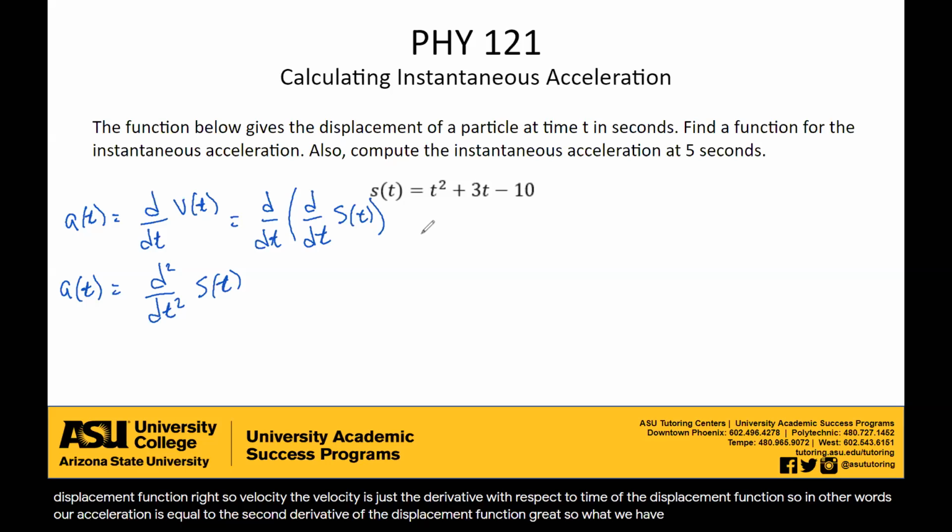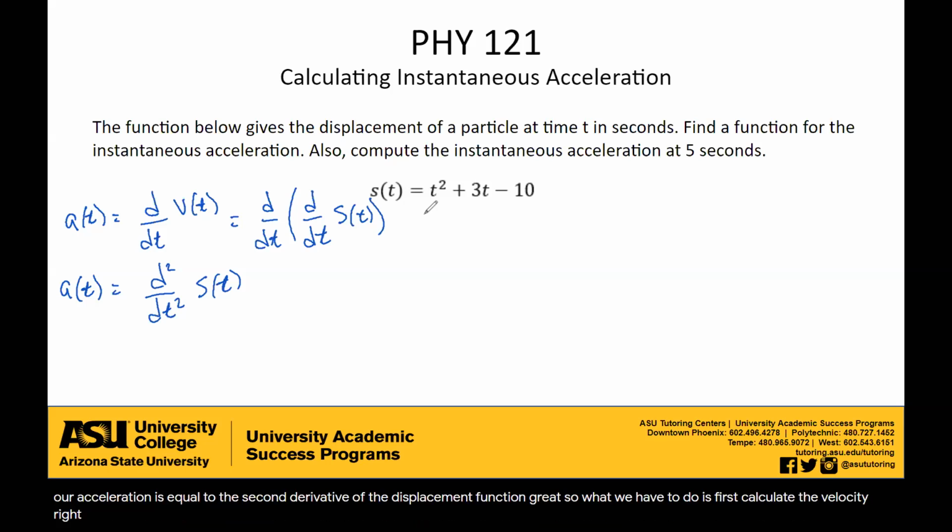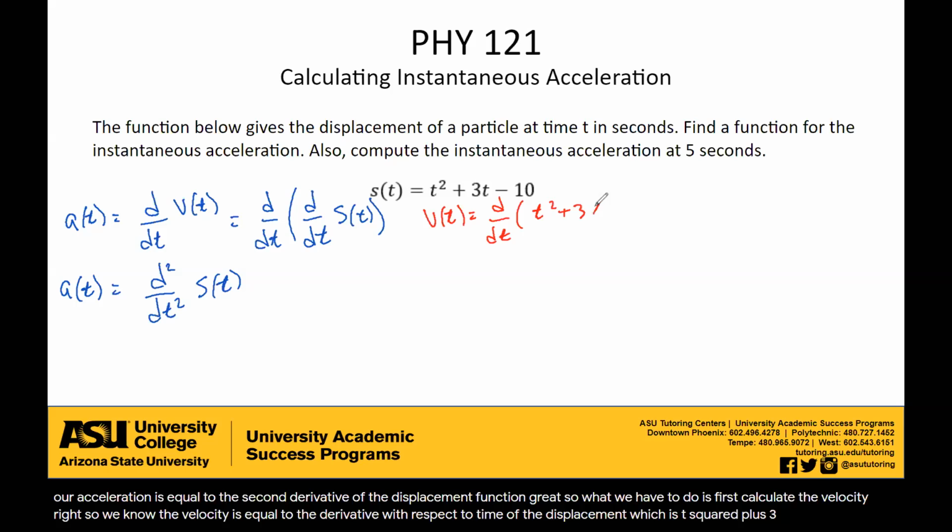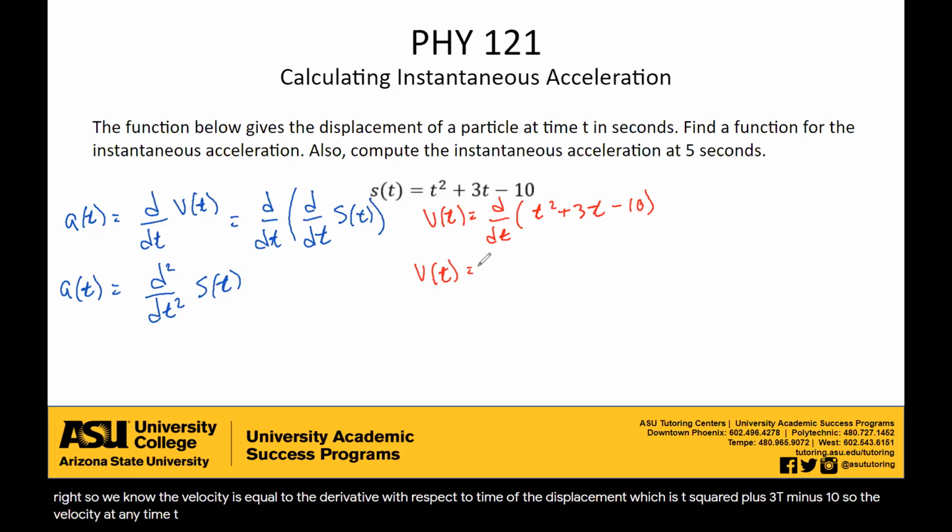Right, so what we have to do is first calculate the velocity, right? So we know the velocity is equal to the derivative with respect to time of the displacement, which is t squared plus 3t minus 10. So the velocity at any time t is equal to, now we just have to take the derivative of each term.